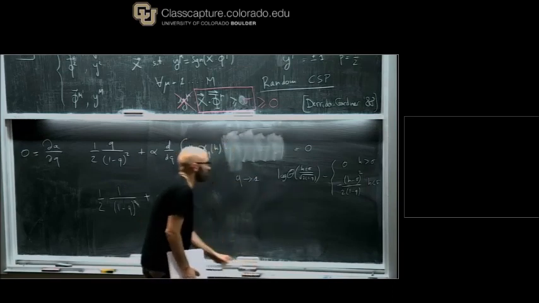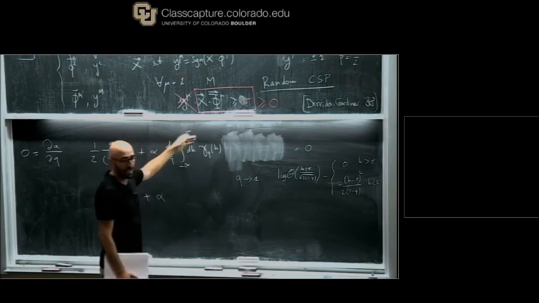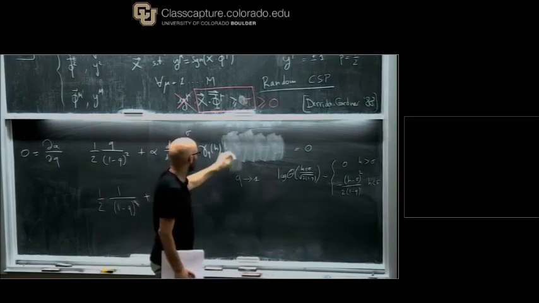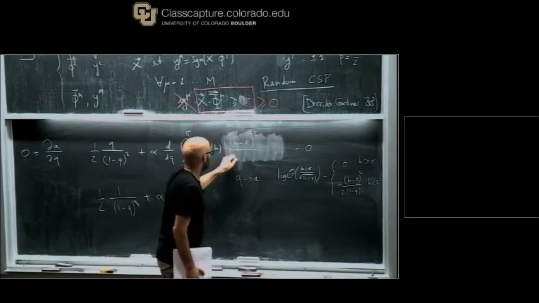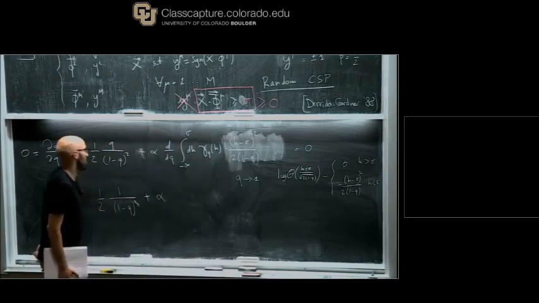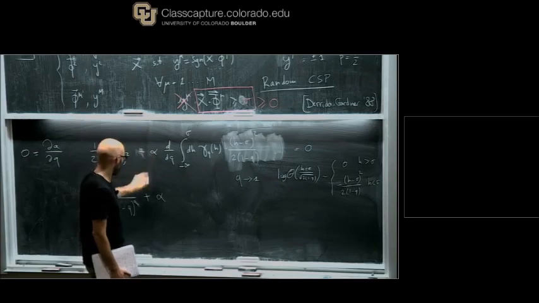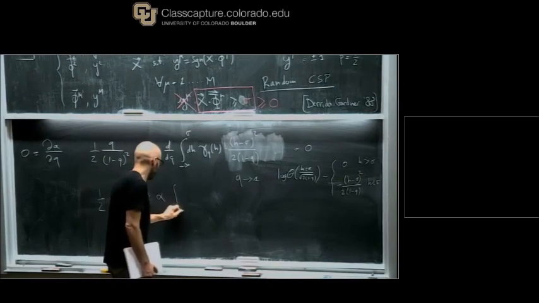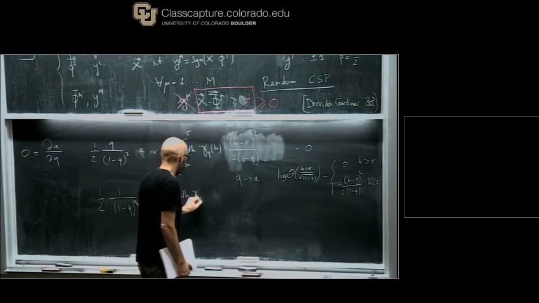So this will become an integral between minus infinity and sigma, because for H bigger than sigma, this is 0. Here I get (H minus sigma) squared divided by 2(1 minus Q), with a minus. So when I take the derivative, I get alpha, integral between minus infinity and sigma of gamma.